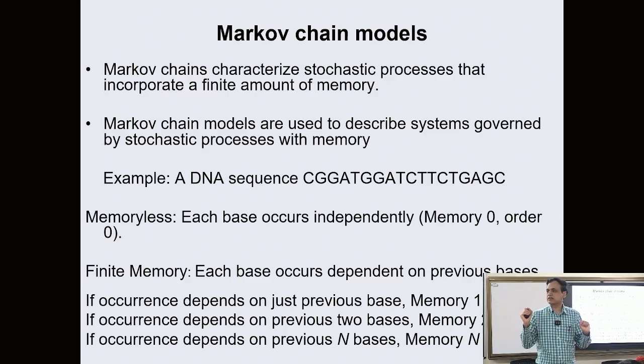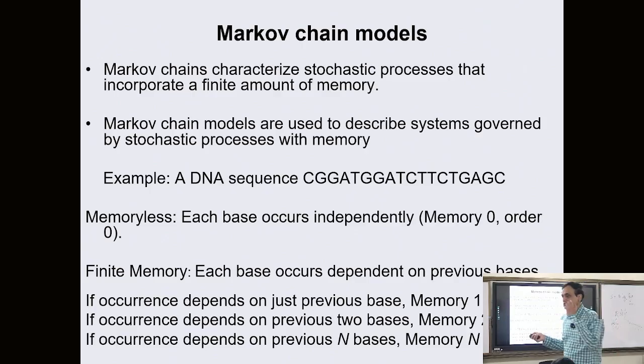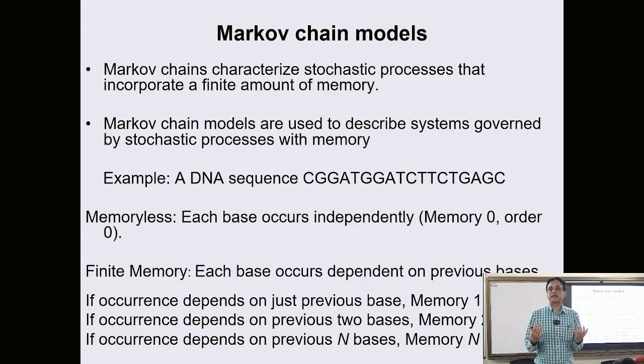It does incorporate some amount of memory. Okay, good. A Markov chain model is used to describe systems that are governed by random processes with some amount of memory. Okay, so systems that can be described by such models that incorporate some amount of memory.